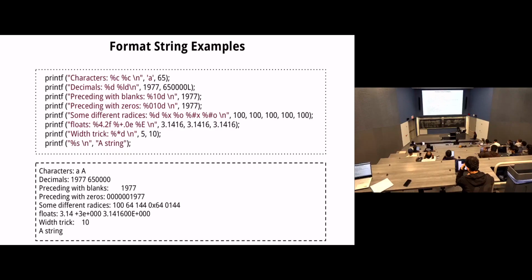The second line, we print decimal, a percentage d, and also percentage ld. L means long in this case. So we just print out 2 values. The third one, we can add preceding blanks to a number we print. We'll still print out the number 1977, but we are using percentage 10d here. 10 in this case is the width we want to print out.